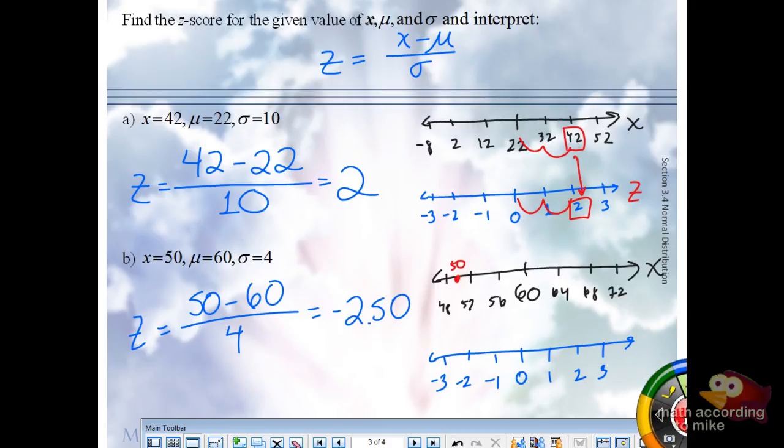Well, here's negative 2.5. So what this is saying is 50 is 2.5 deviations below the mean. So the number 50 as an x relates to negative 2.5 as a z value.